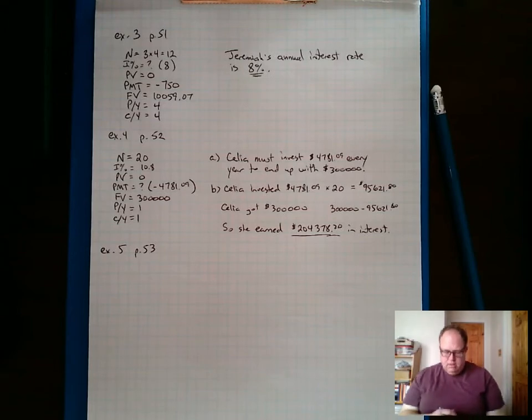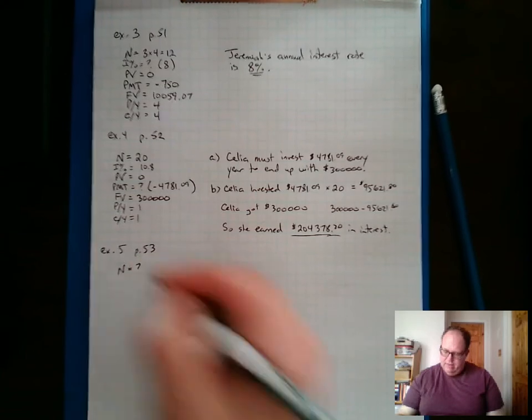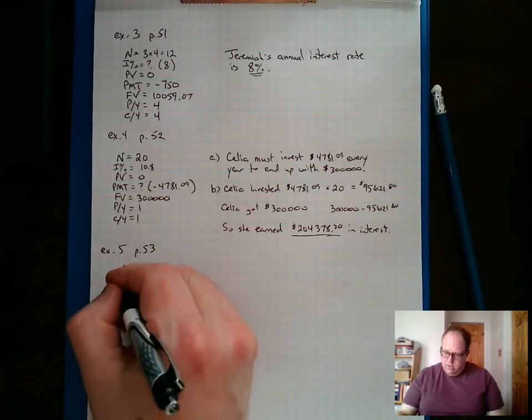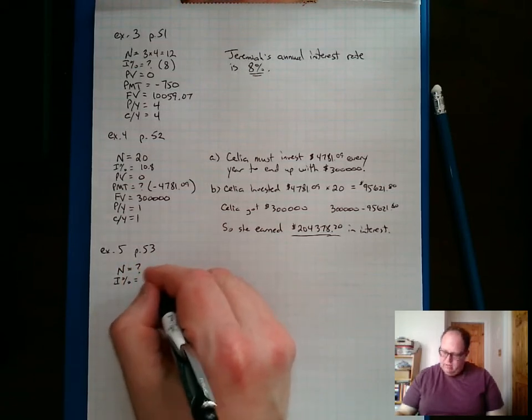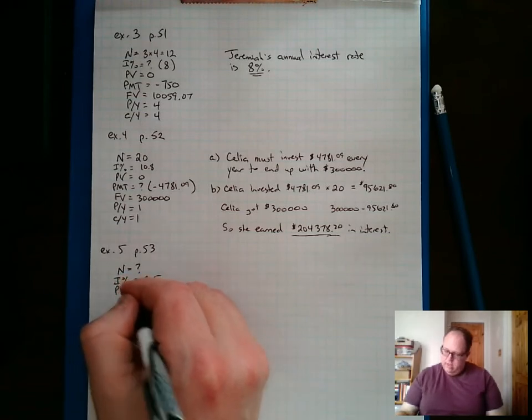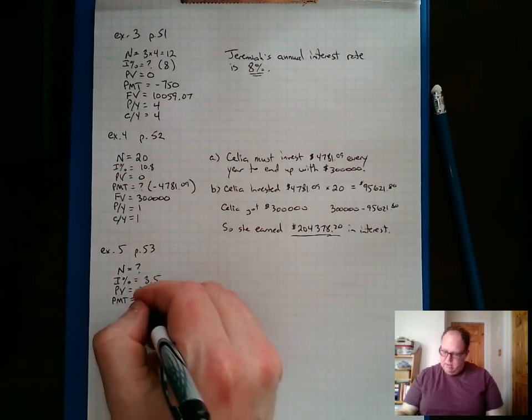Alright, so time is what we're interested in. So in this case, N is what I'm going to try to figure out. He's getting 3.5% compounded semi-annually. He's made no initial investment, but he's making regular payments of $1,000.